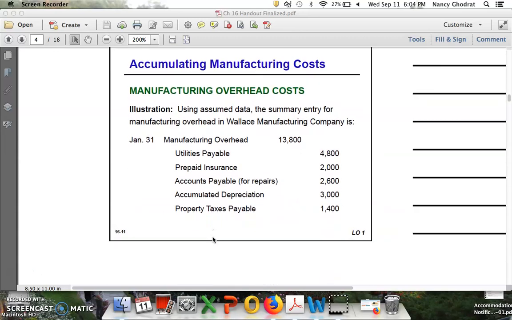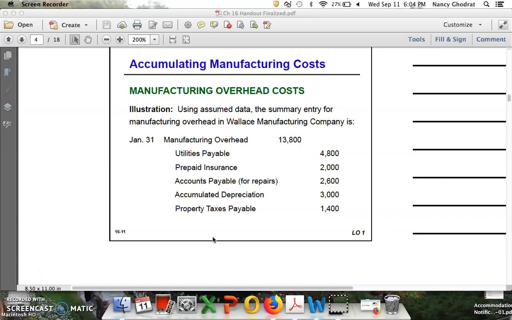It consists of what? It consists of the utilities for the factory that they haven't paid yet, so that's why they credited utilities payable, and it consists of the insurance policy on the factory. Since the insurance policy already was paid up front, we created an asset called prepaid insurance, and today we're expensing it because a portion of that insurance policy has expired for the month.